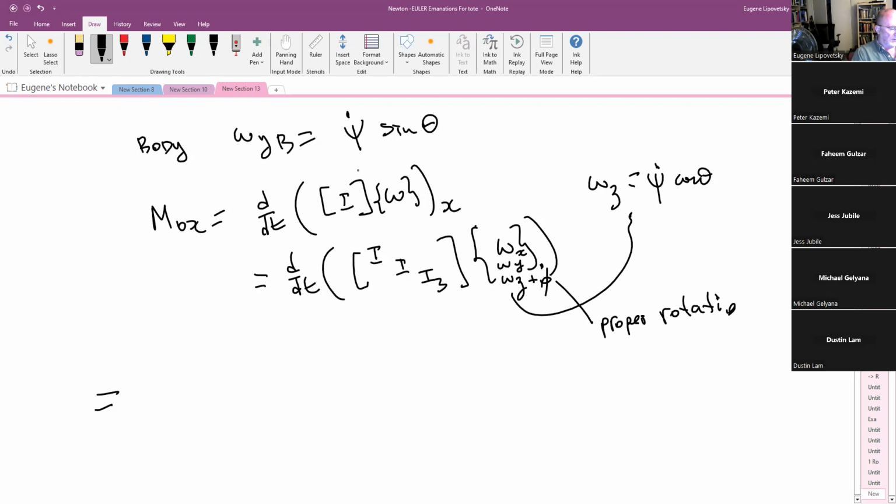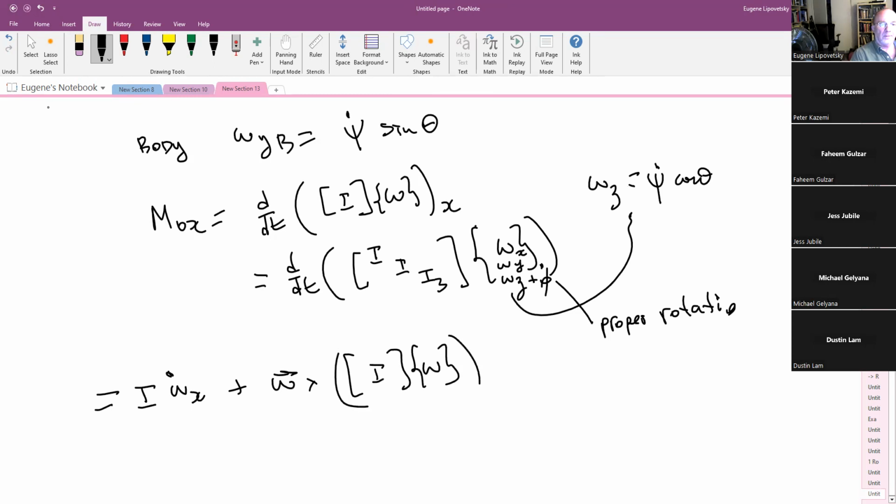So that will give us the I times omega x dot plus omega as a vector cross product with I omega, all that on the x-axis, all right?